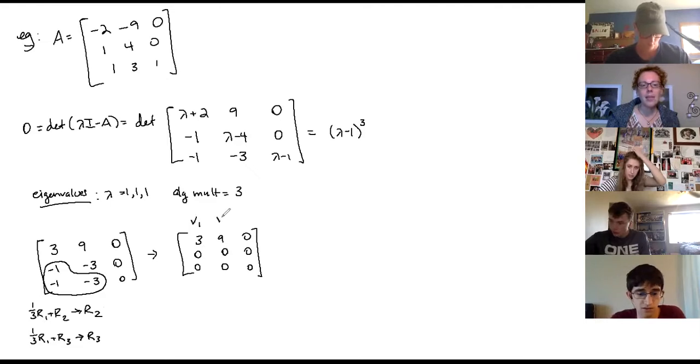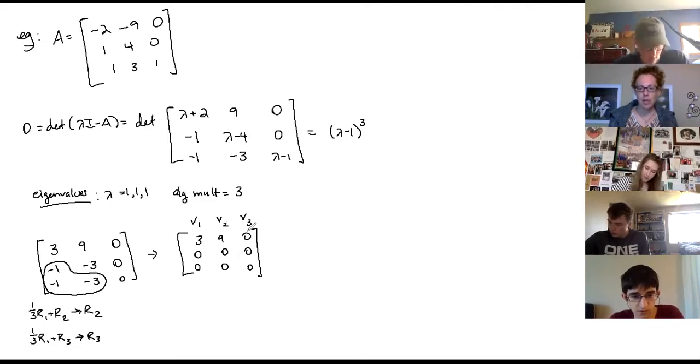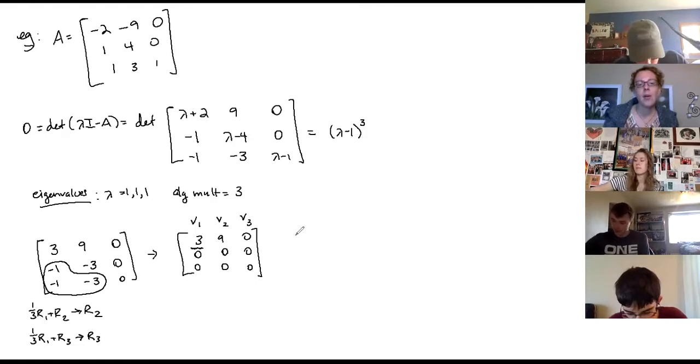Once again, my columns get labeled V1, V2, V3. That's what I'm trying to find. So the leading non-zero entry is just the 3. There are no other rows that have a first entry which is non-zero.